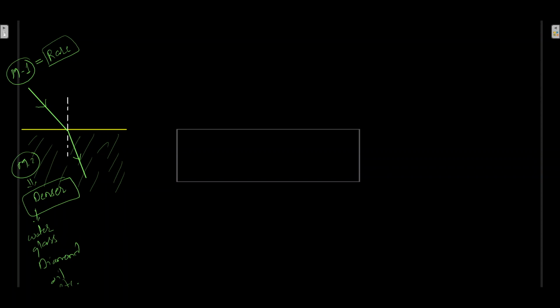Because of the formula, speed equals distance upon time, because the speed is going to be lower, it is directly proportional to the distance, so that is also lower. So it is a kind of phenomenon, that's why they bend towards your normal.